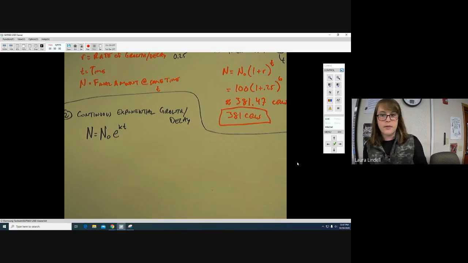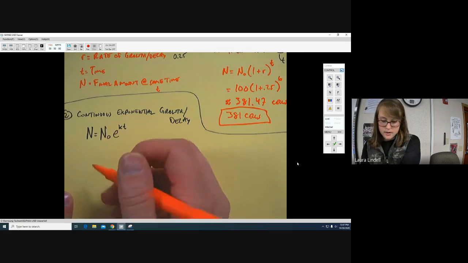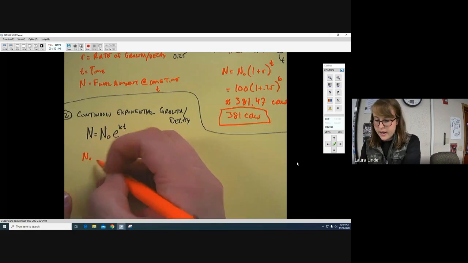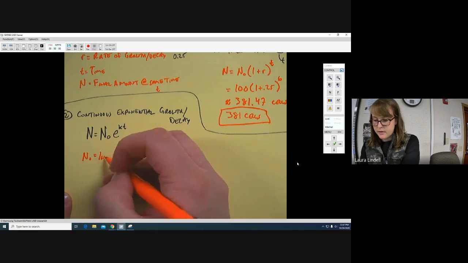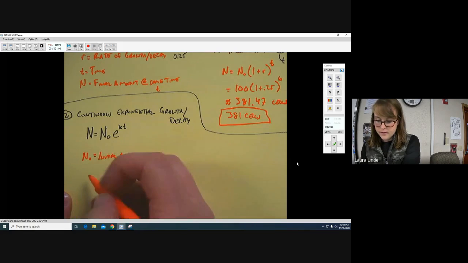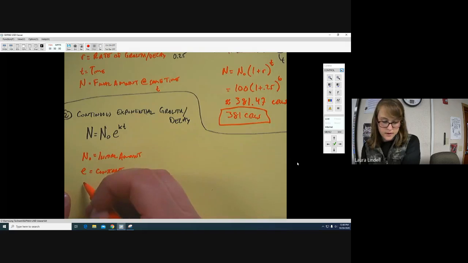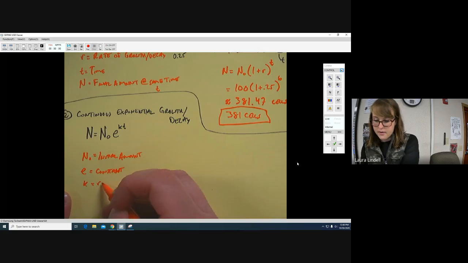So this is where we start working with things with the e to the x type functions. So we have e to the kt. So kind of breaking out what we have here. Again, N naught is your initial amount. E is a constant. K is the rate of growth or decay.